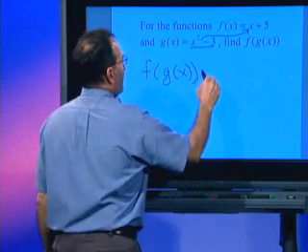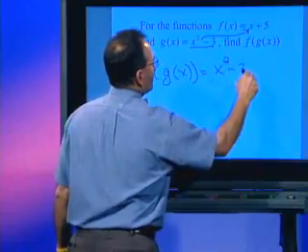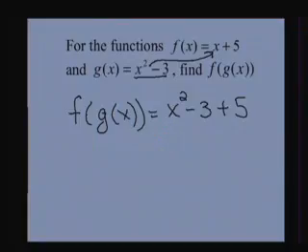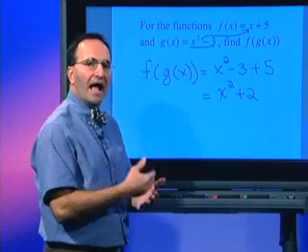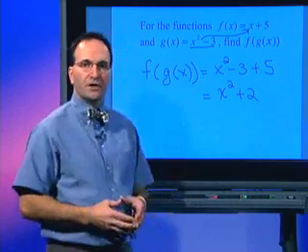So we will get x squared minus 3 plus 5. And that all works out to x squared plus 2. So that's what we get when we compose the two functions in the order f of g of x. It equals x squared plus 2.